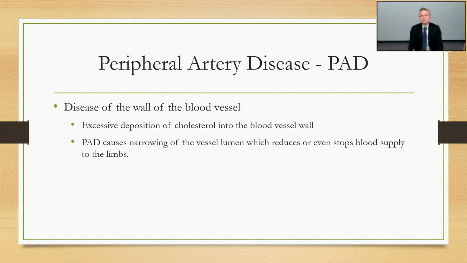In the cardiovascular system, central means closer to the center, which is our heart. So anything central is closer to the heart. Anything peripheral is furthest from the heart. In our body, the furthest organs from the heart are our extremities, the limbs. So peripheral artery disease is a disease condition that affects the arteries that connect the heart to our limbs.